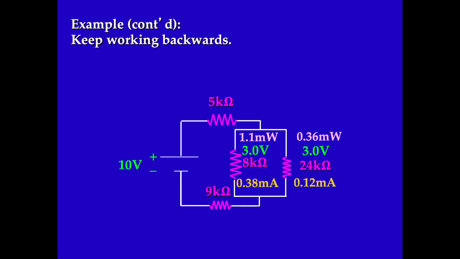If you add them together, taking into account the sig figs, you should get the 1.5 milliwatts. Because remember, these two resistors were replaced by the 6 kilo ohm resistor. Are we okay so far?